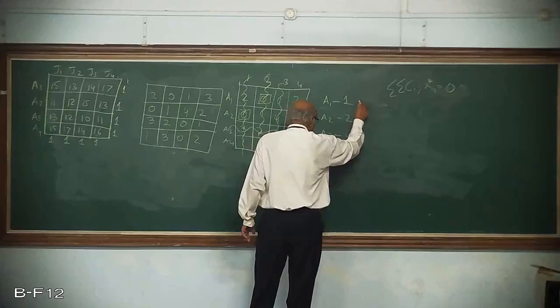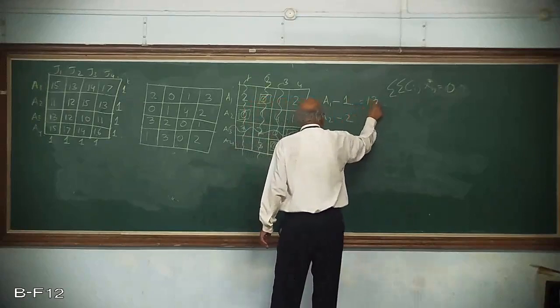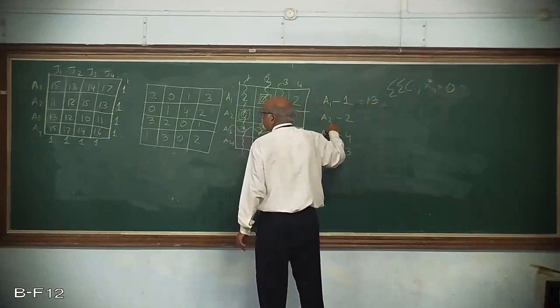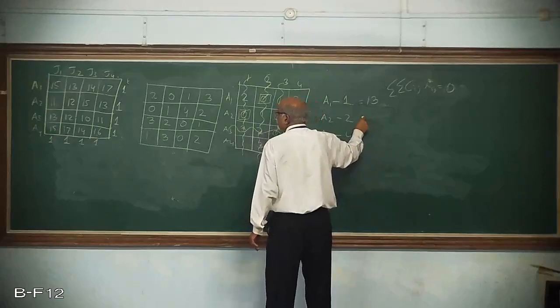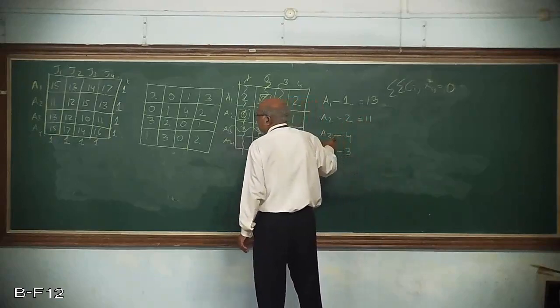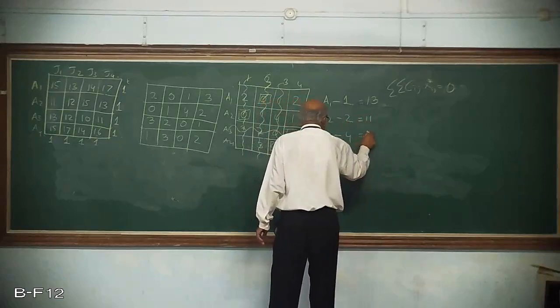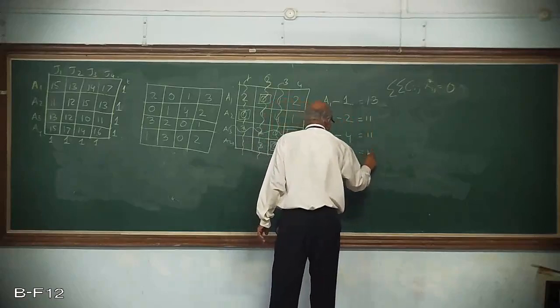If it is done like this, then it is going to cost 13, A2 to 2, 12, A2 to 1, 11, A3 to 4, 11, and A4 to 3, 14.